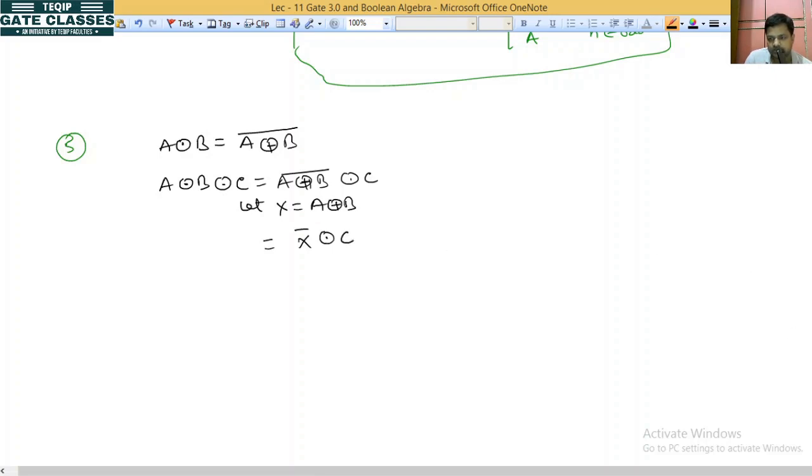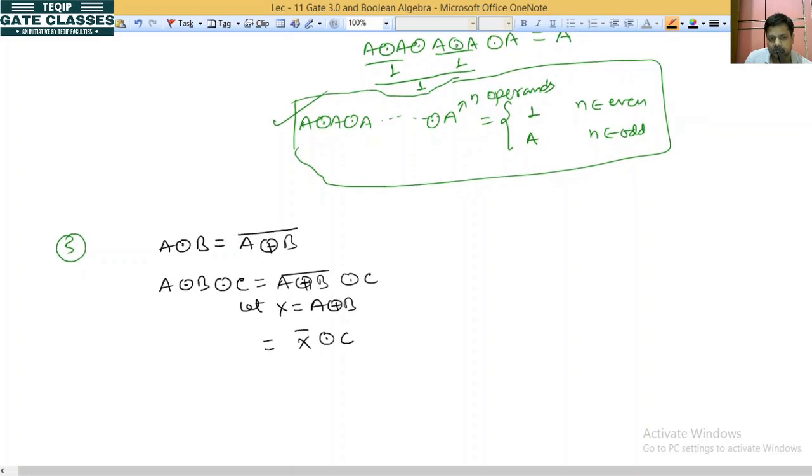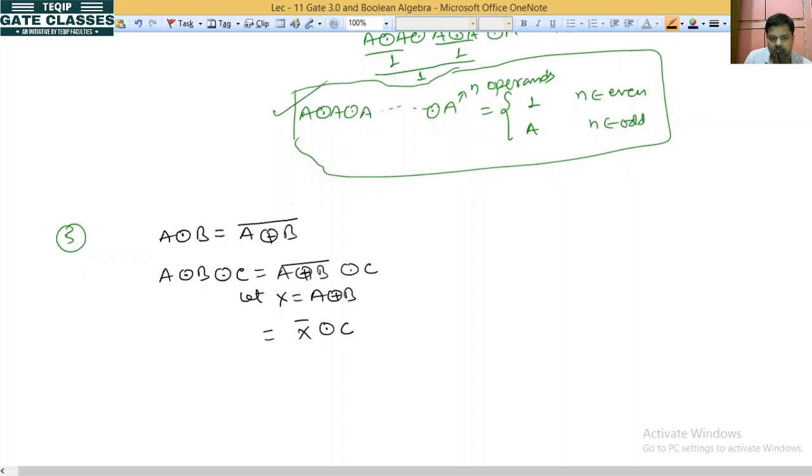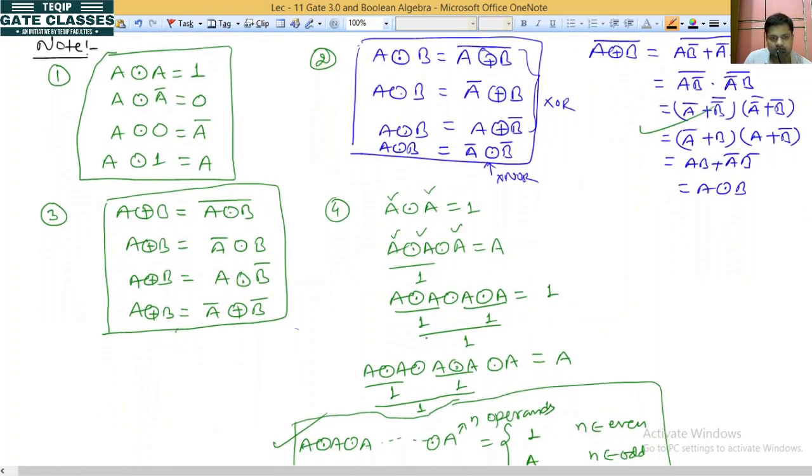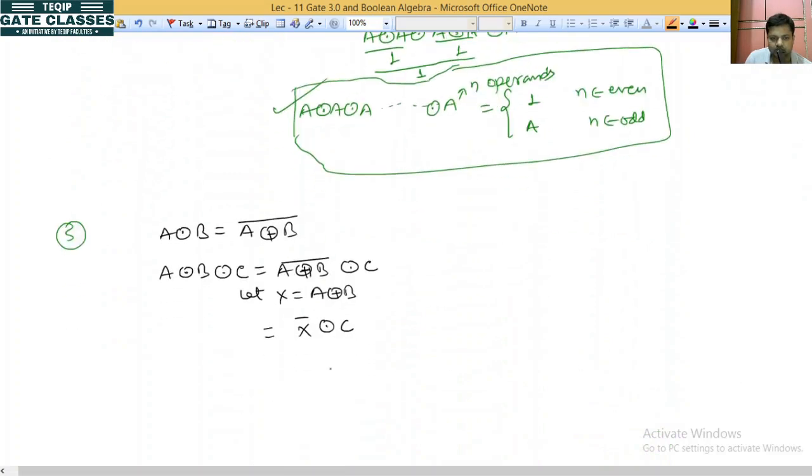And what is this? If it is x bar XNOR C type, then it is equal to x XOR C. So what is x? x is A XOR B, and we have XOR C also.